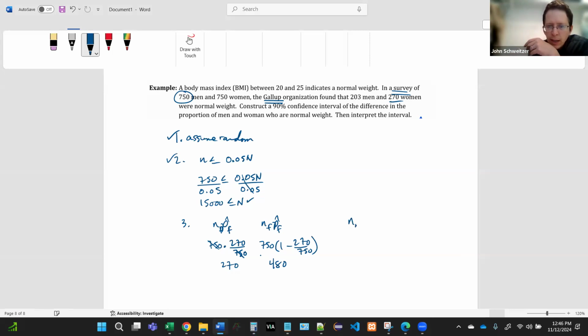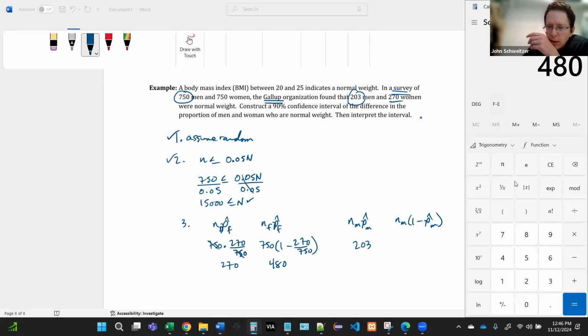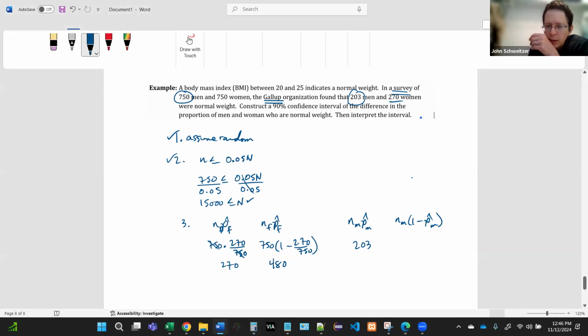So we go N M, number of males, P hat M, okay, so how many males are of normal weight? Well, 203, right? So I don't even have to do that one. And then this one, it's going to be 750 minus 203 again, right? So let's speed that up and just do a subtraction rather than multiplication and division. So if there's 750 males and 203 of them are of normal weight, then 547 are not, right?